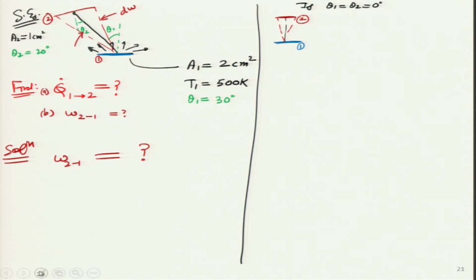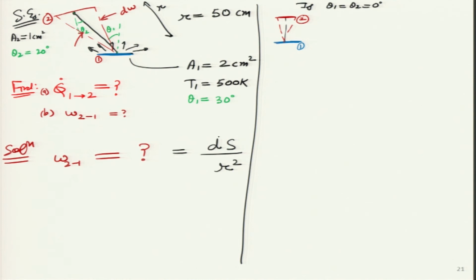One thing I forgot to write: the distance between them is actually very large. They are separated by a distance compared to their dimensions, which are 1 centimeter square and 2 centimeter square. That r value is very large, which means I can make the assumption that the surface area of body number 2 is very small compared to the square of the radius.